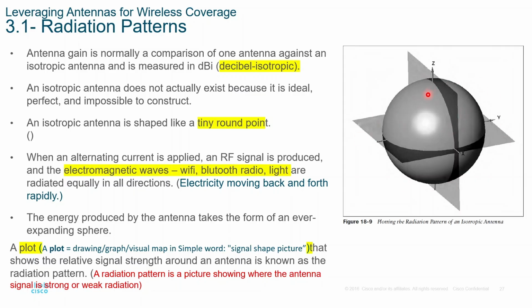Magnets have curves, and when you put electricity into it, electric plus magnet will have this curve. A plot is the visual showing where the strong or weak radiation is. In the picture you see the X, Y, Z. Now we want to see how an antenna works.